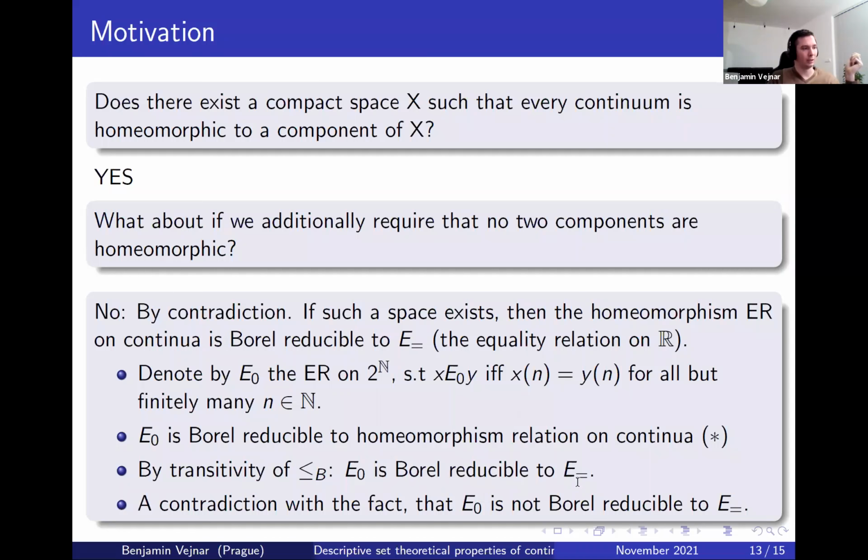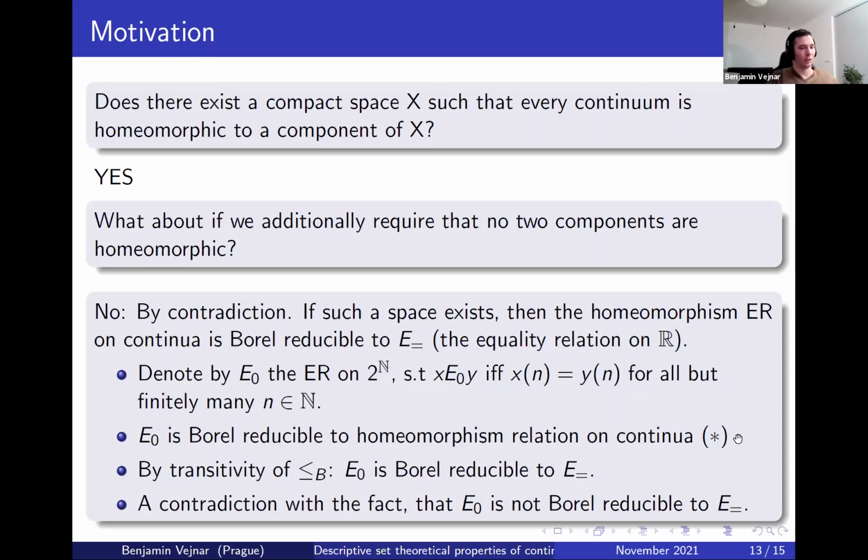So we get this, but this is a contradiction with the fact that E0 is not Borel reducible to the equality. Okay, this is kind of a general, well-known fact in the theory of Borel reductions. So the proof is completed, but we need to explain this star: that E0 is Borel reducible to homeomorphism equivalence relation on continua.